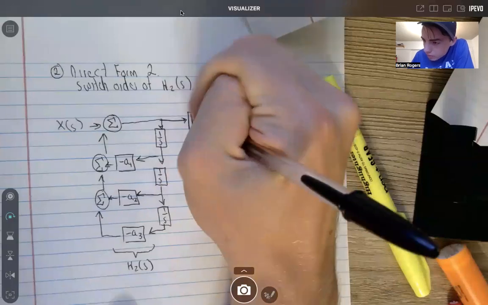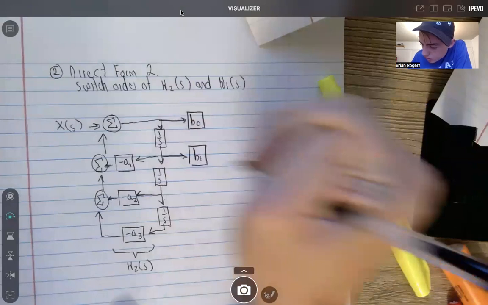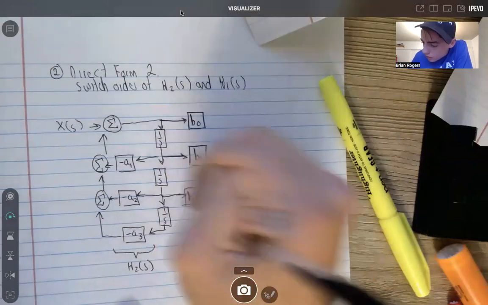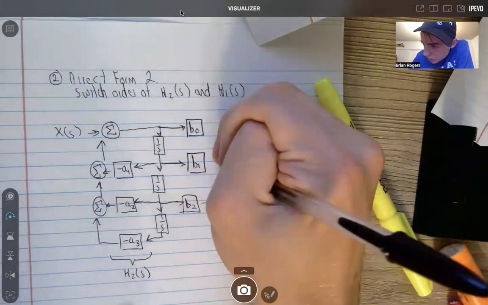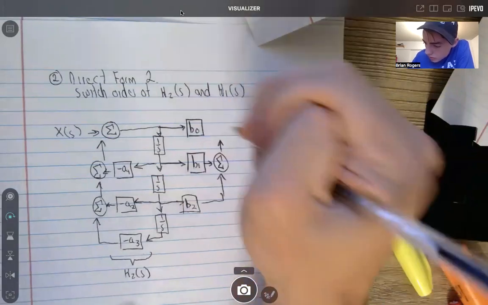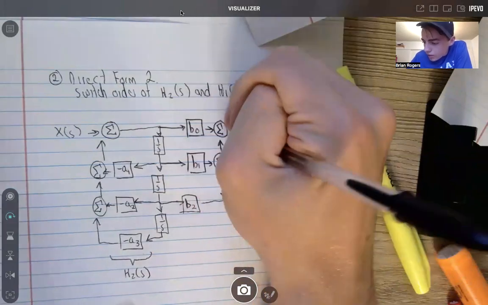All we need here is our B1. Now all we need here is our B2. And then sum them together. And this will lead to your output Y of S.